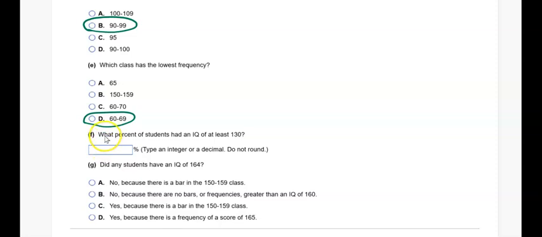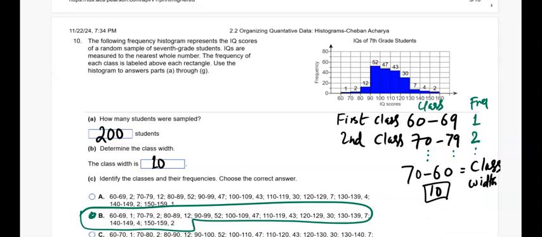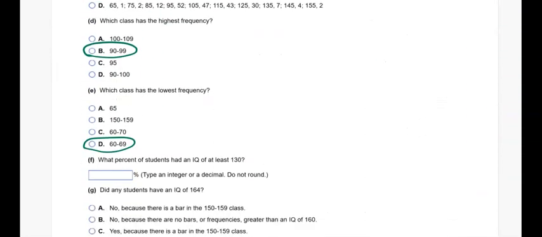Next question, what percentage of the students had an IQ score of at least 130? So at least 130 is here, 130 is here, at least 130 means 130 or more. So how many students scored 130 or more? 7 students, 4 students, 2 students. So what is that going to be? 7 plus 4 plus 2, which is going to be 13.